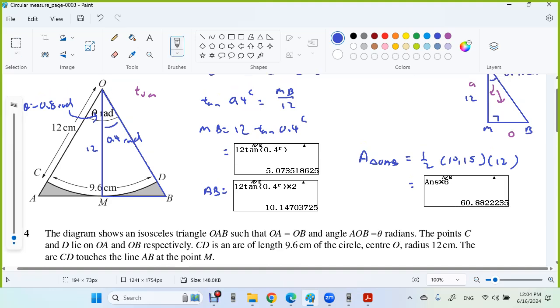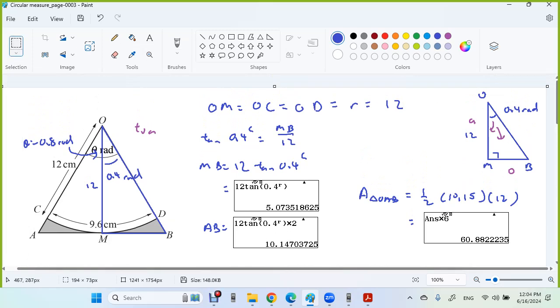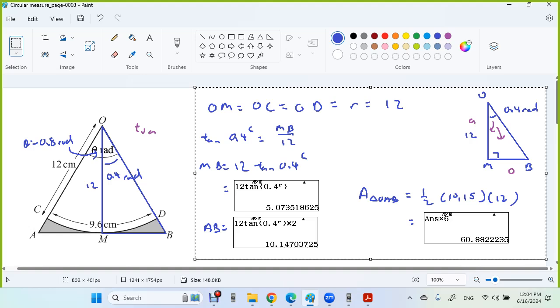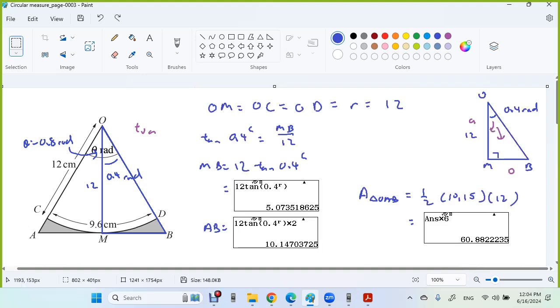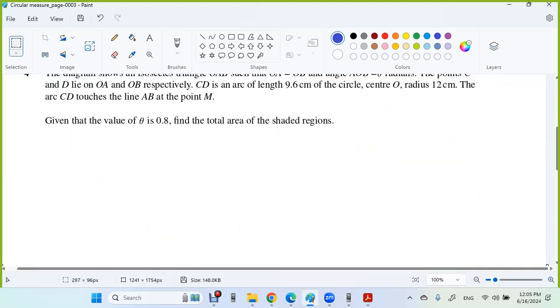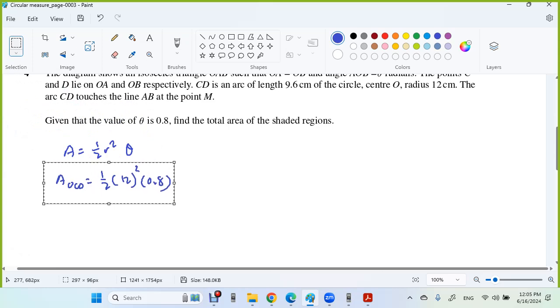And then we want to find the area of the shaded region. Area of OCD will be half times 12 squared times 0.8. So we have the area equal to half r squared theta.